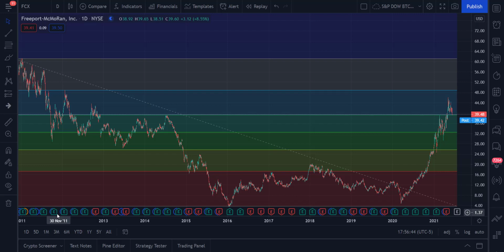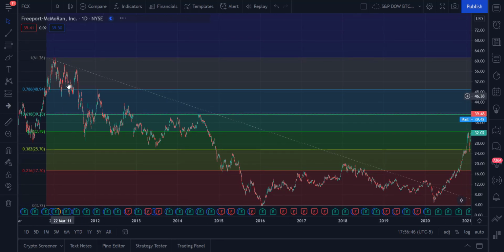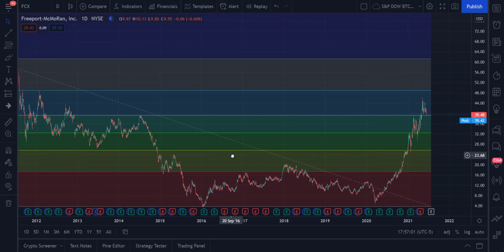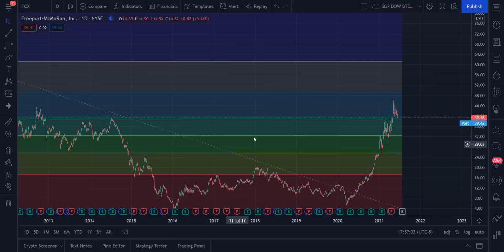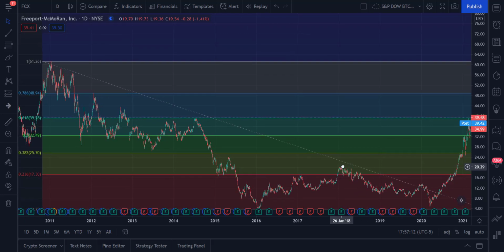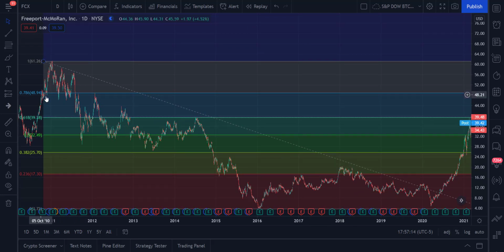You could argue that you would expect a little bit of resistance up here at the $56 range, possibly the $58 range. But if we can break above this current level and stay higher, meaning if this 61.8% level becomes support, I would expect this stock to go ahead and reach all the way back up to $48.94.